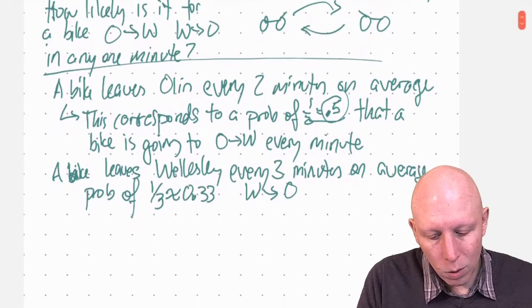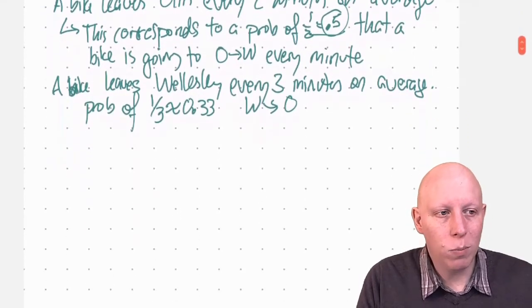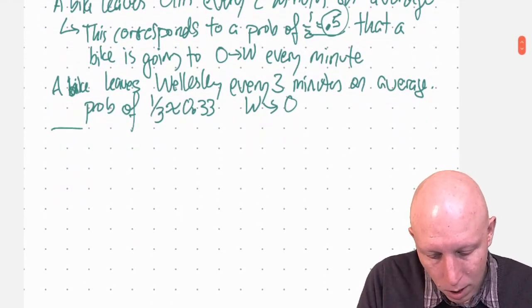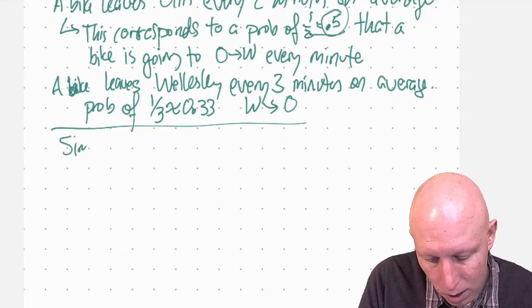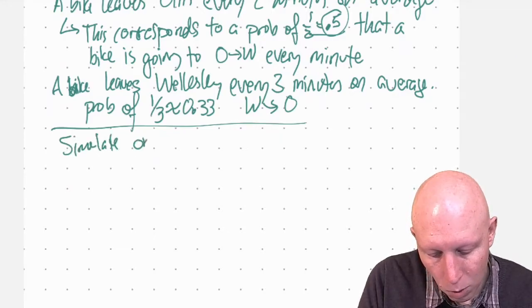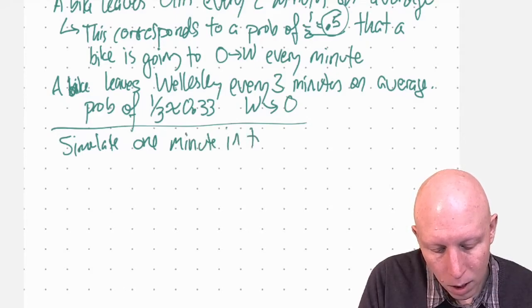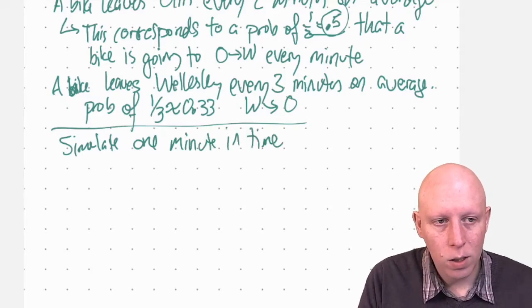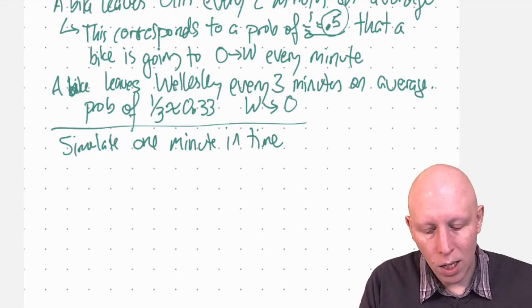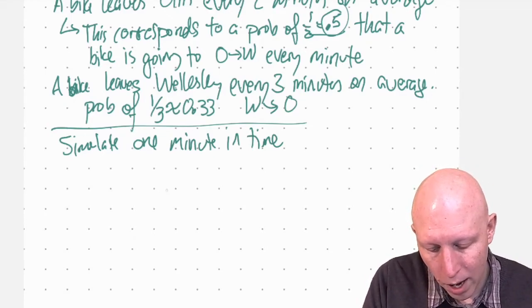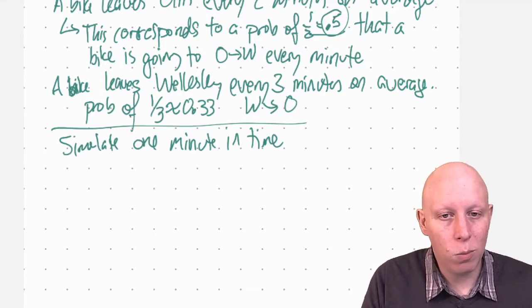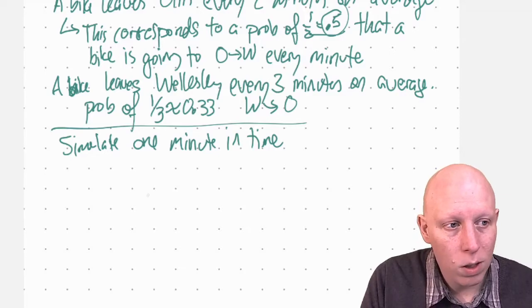And now what we'll do is simulate 1 minute in time. For this minute in time, we have a probability that a bike is going to go from Olin to Wellesley, so we'll use the flip command.